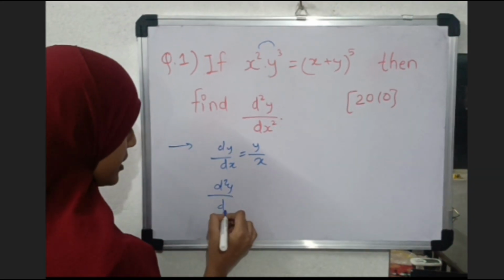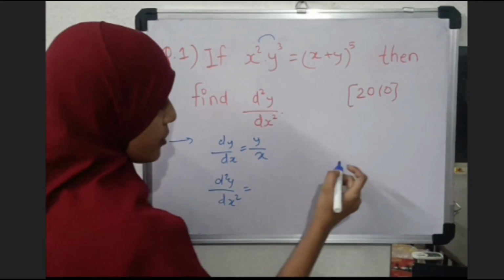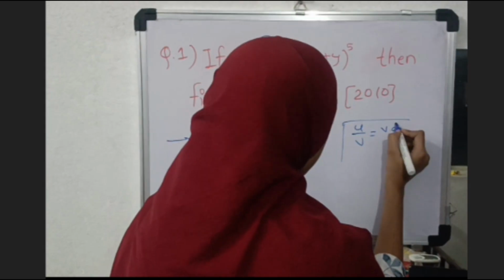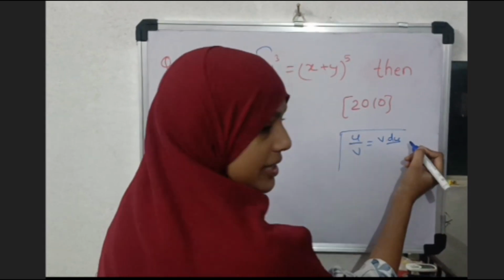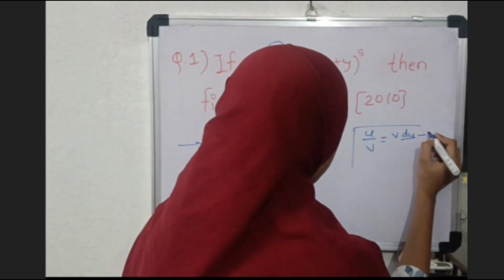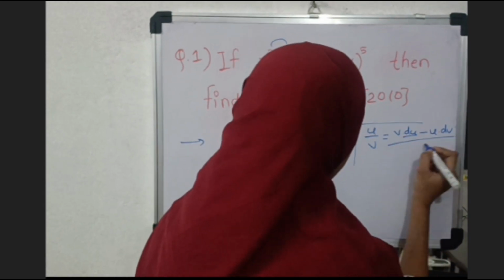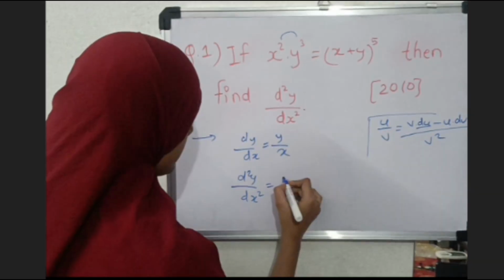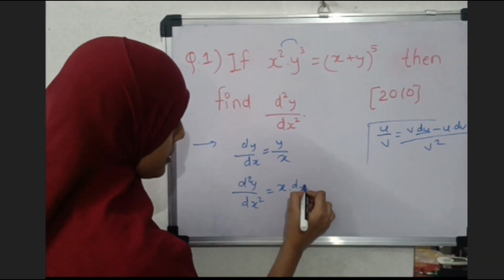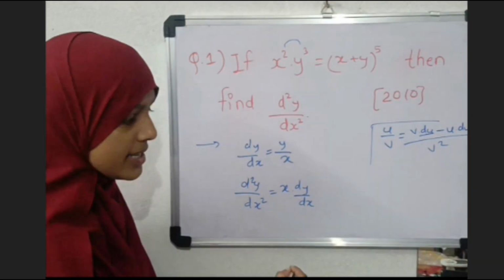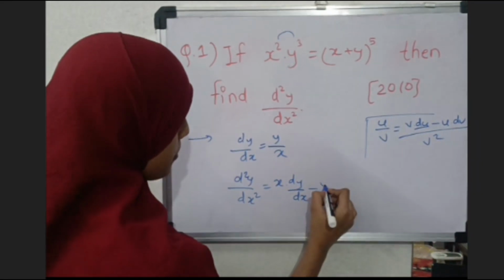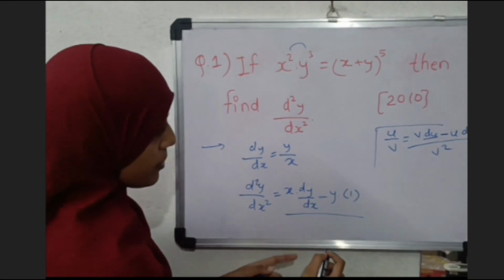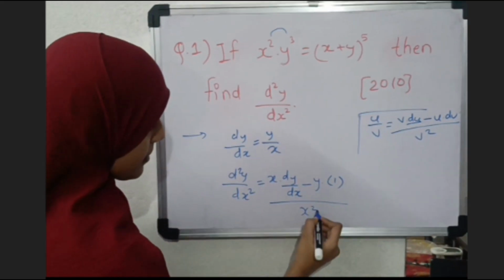So d2y by dx square will be, so we know the u by v method. Here we will take v and differentiation of u, I will write it in short, and again we will subtract u and differentiation of v, over v square. So we take x as it is and the differentiation of y, that is dy by dx, we will subtract, we will put y as it is and take the differentiation of x, that is 1, and in the denominator we will have x square.